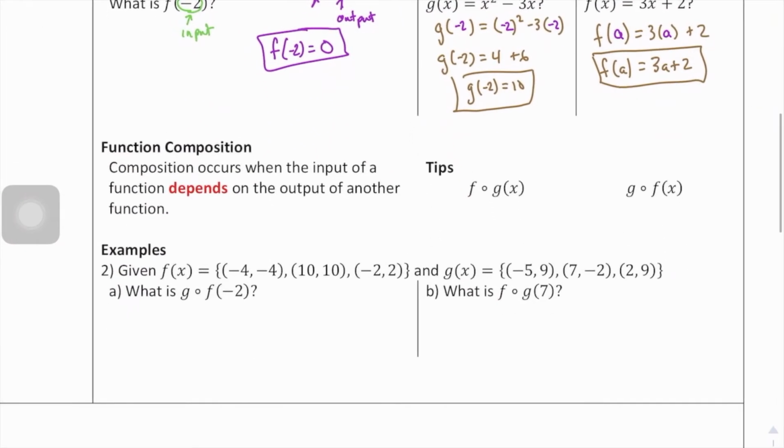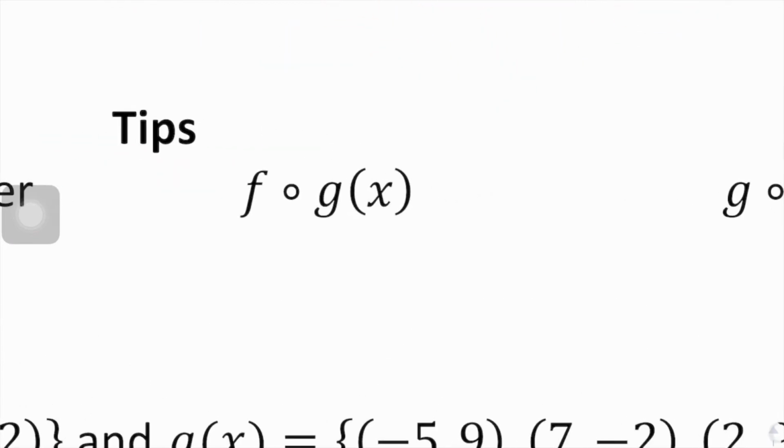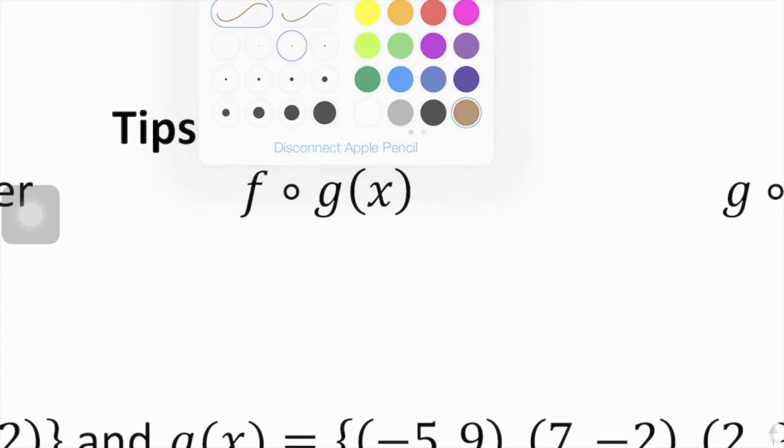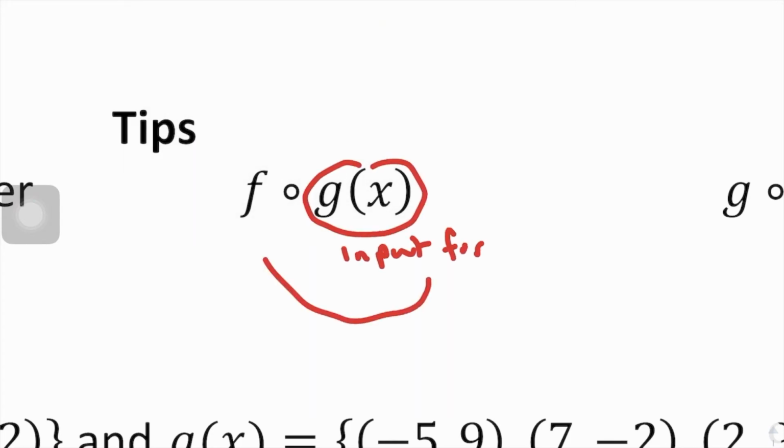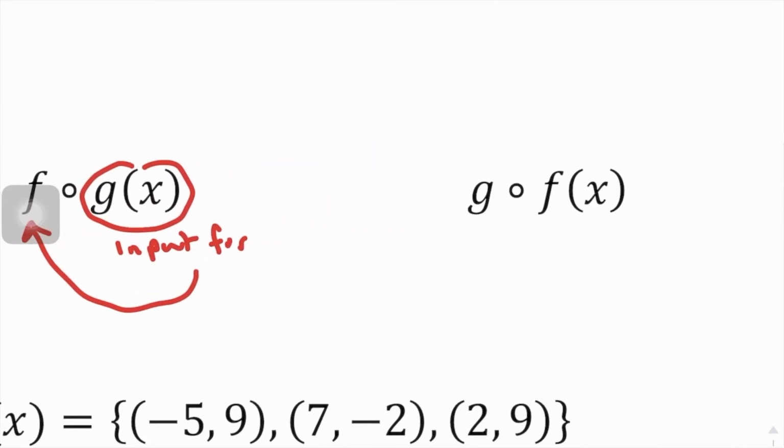Function composition. Composition occurs when the input of a function depends on the output of another function. So when we're taking a look here, when I look at f of g of x, g of x is the input of f of x. Whereas now g of f of x switches it around.